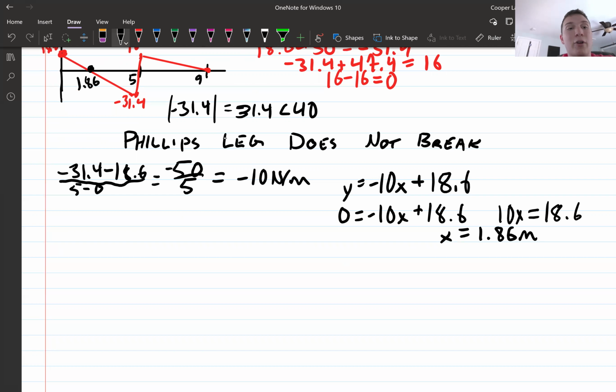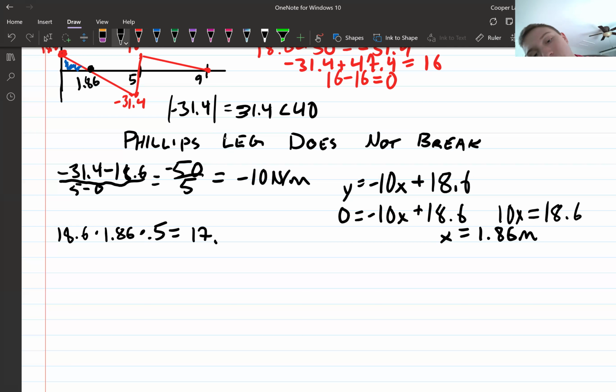So our first triangle, which I'm going to color blue, goes from a height of 18.6 and has a base of 1.86, and of course now I have to multiply it by 1/2, so times 0.5. When I do this out, I'll end up getting 17.298 newton meters.